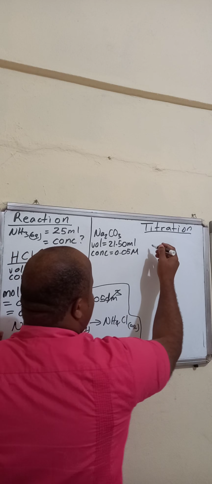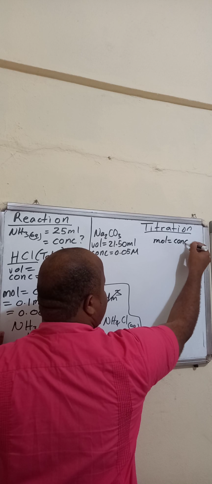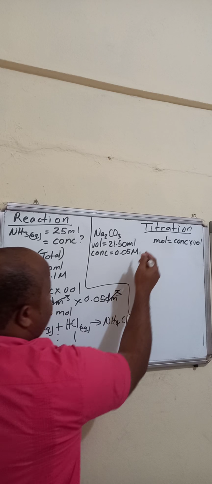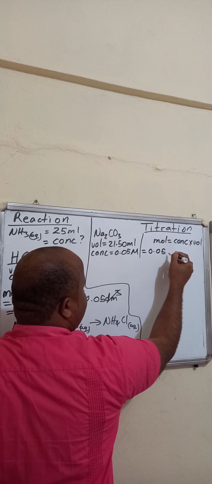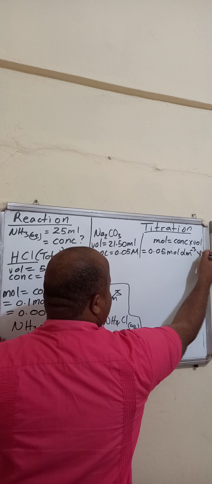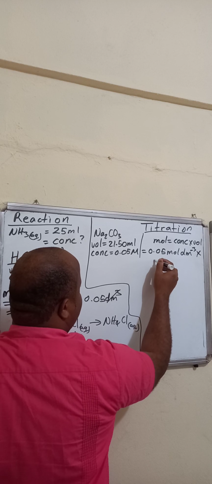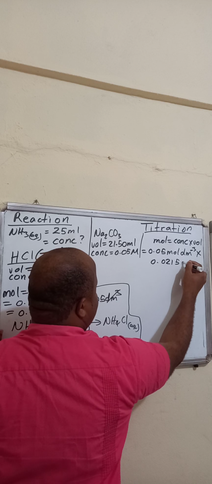So we know that mole again is equal to concentration times volume. Concentration is 0.05 moles per dm³ multiplied by the volume in dm³, which would be 0.0215 dm³.